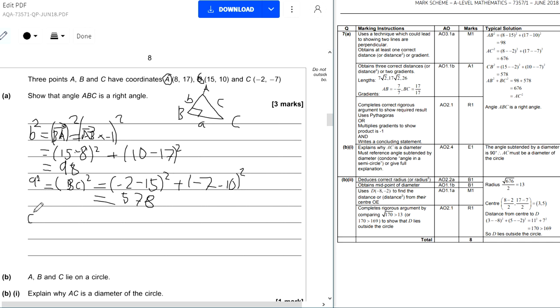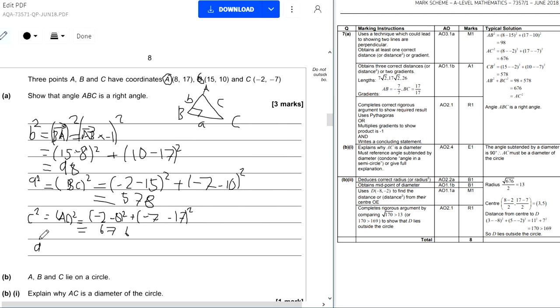C squared is AC squared, which is minus 2 minus 8 squared plus minus 7 minus 17 squared, which is 676.